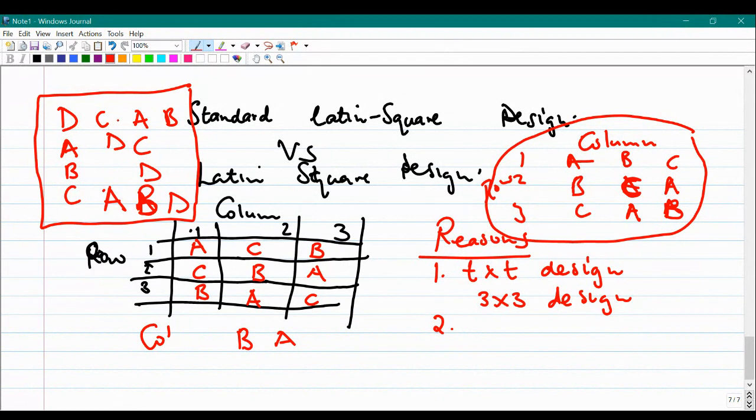So there's a problem with this design, isn't it? So this one should be B, isn't it? Yes, it should be B. This one would be what? You see, it's not possible.